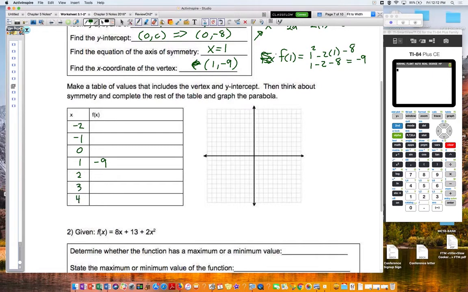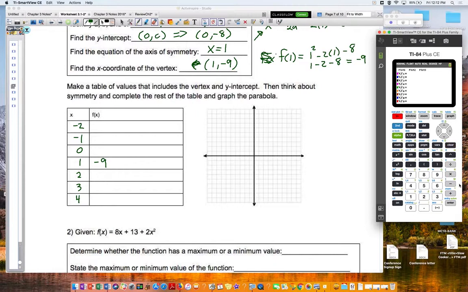Now to get the rest of the values, what I can do is graph the equation. I go to my y equals, plugging in x squared minus 2x minus 8. Go ahead and hit graph, get my nice parabola, and that's what I want to graph right here.